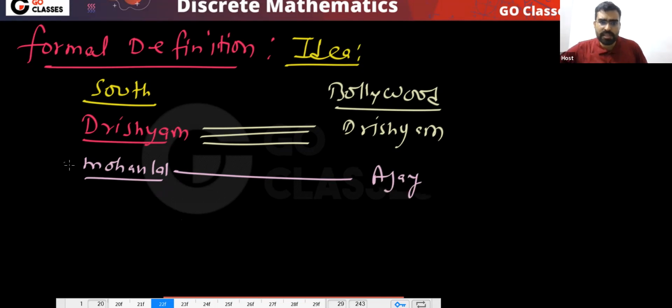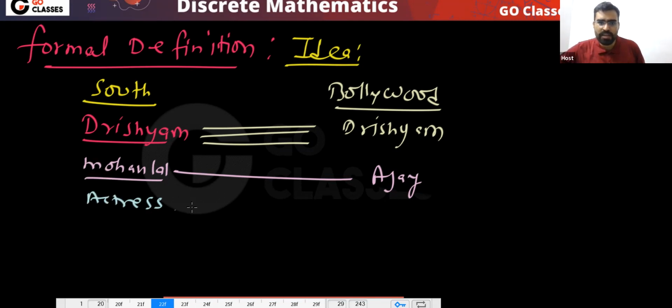In this movie, remember, this is a vertex, and it has a corresponding vertex here. Similarly, this heroine, what is the actress name? I don't know, I forgot. Who is the wife of Mohanlal in that movie?